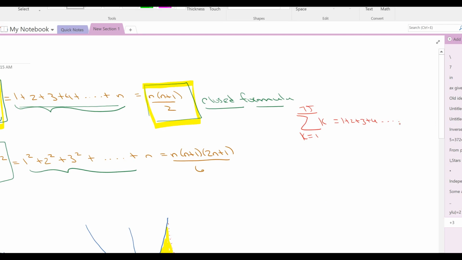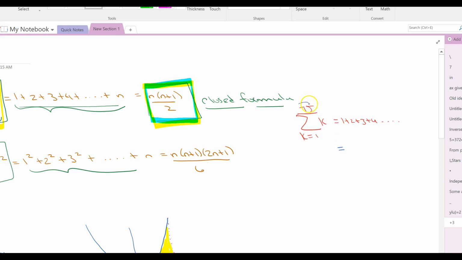Grab a calculator and start adding up all those terms. As you can imagine, that's incredibly time consuming and, in my opinion, an utter waste of time. Because we have this closed formula associated with this sum, we are able to find the sum very easily.